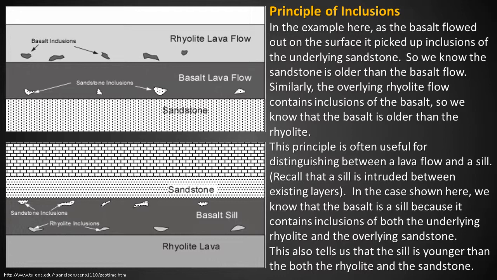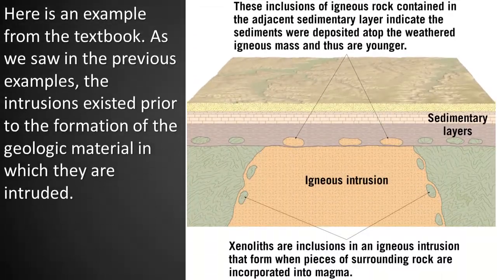This also tells us that the sill is younger than both the rhyolite and the sandstone. Here is an example from the textbook. As we saw in the previous examples, the intrusions existed prior to the formation of the geologic material in which they are intruded.